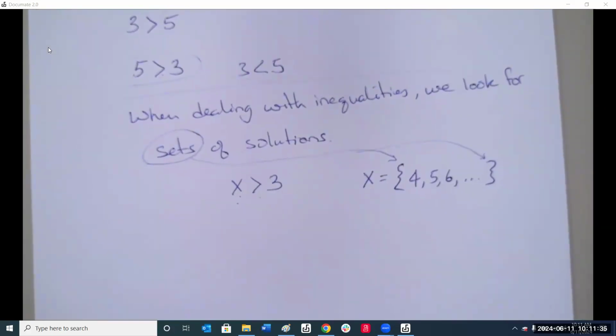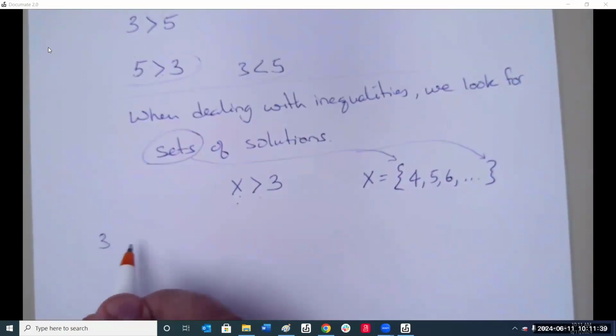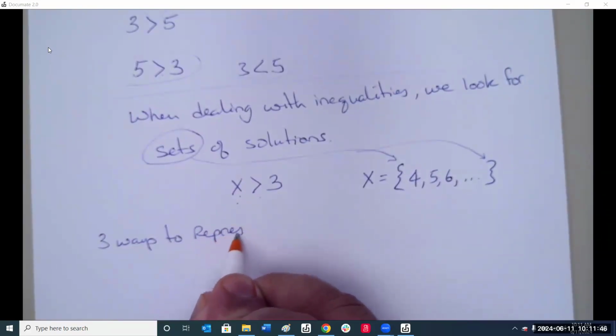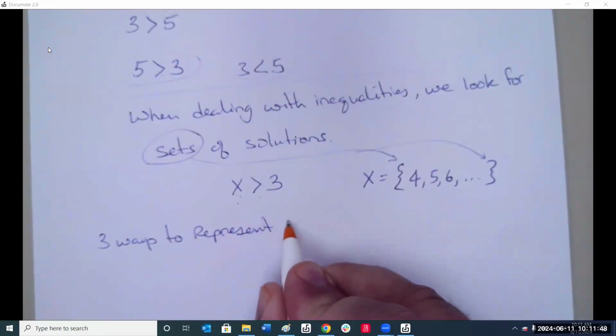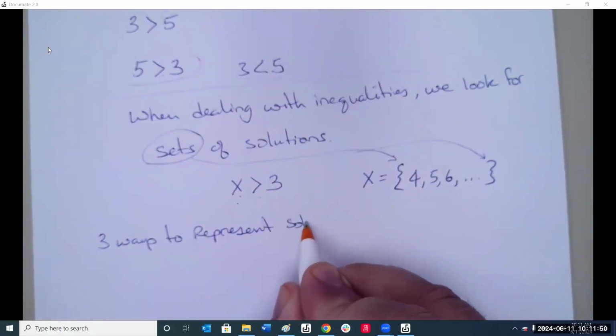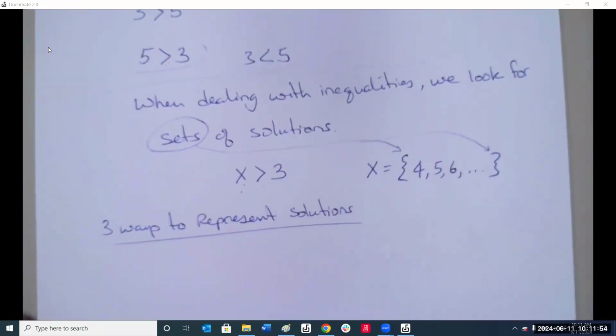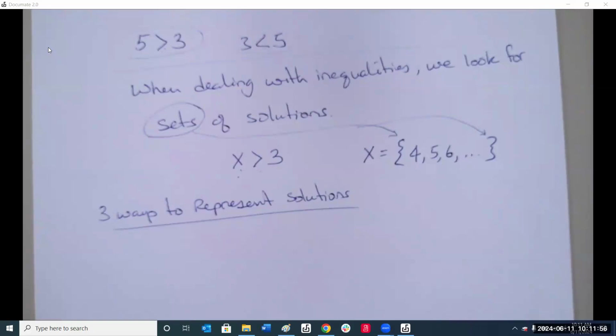And there are three ways we can represent these solutions.